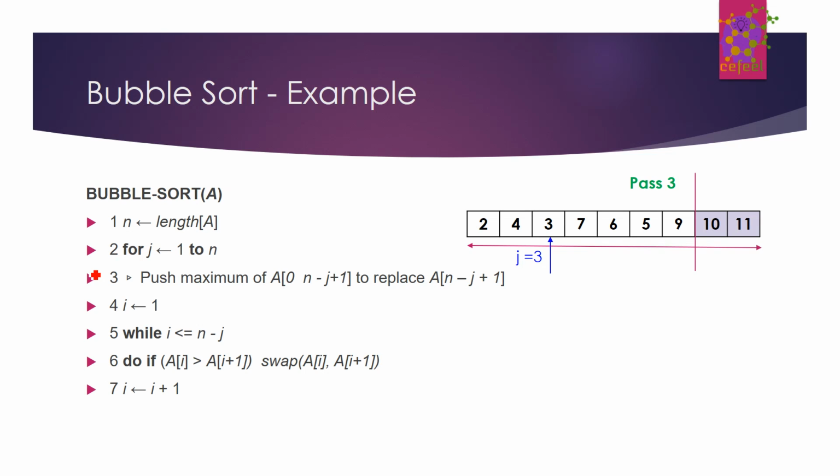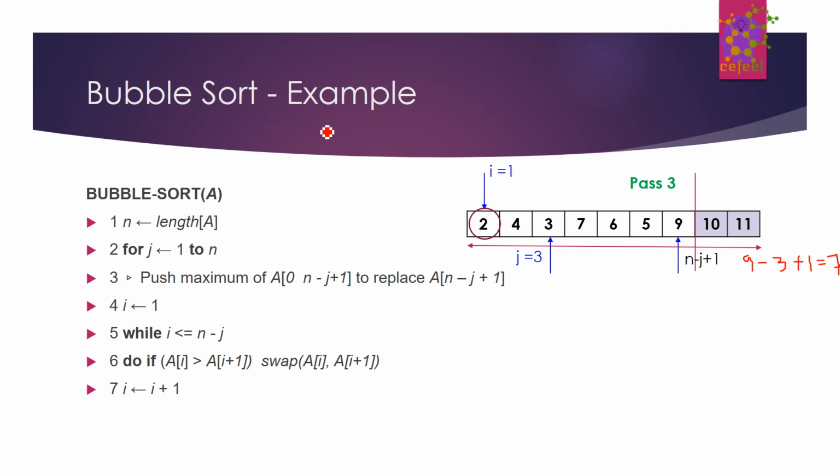In pass 3 we will have j point to 3, n minus j plus 1 points to the third last element in the array, which is the 7th element, because j is 3, n is 9, so 9 minus 3 plus 1, which is 7. So I will range from 1 to 7 in this case. So we go to step 4 now.